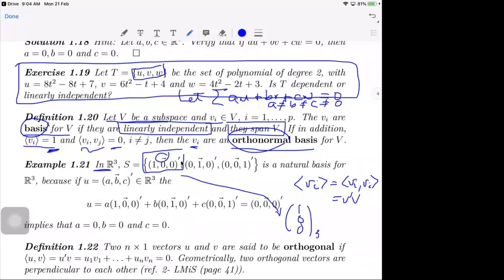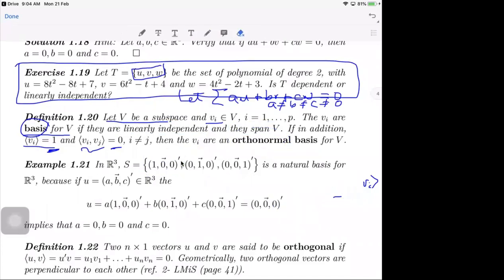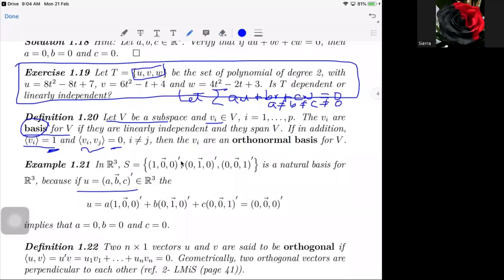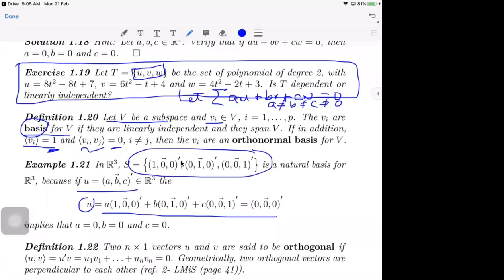So these three vectors here are a natural basis for R3 if u, which is an arbitrary vector a, b, and c in R3, is expressed as a linear combination of the vectors in this S, and you set it equal to 0, then you can see in this linear equation that a is equal to 0, b is equal to 0, and c is equal to 0, because this component here will take care of a to be equal to 0, this component here will take care of b to be equal to 0, and this component here would take care of c to be equal to 0.